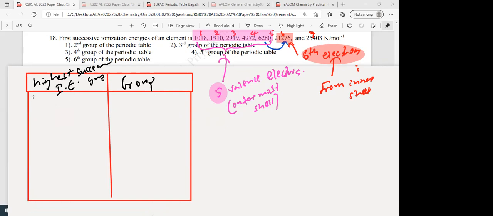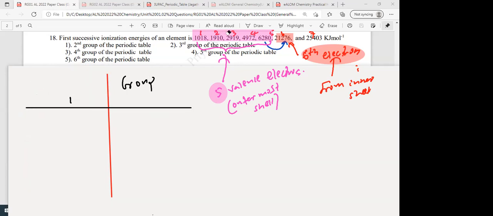So if the removal of the first electron is most difficult, that element should belong to which group? Group 8. Removal of the first electron is very difficult. That means first ionization energy is highest. Right. If you want, I'll put here highest ionization energy.